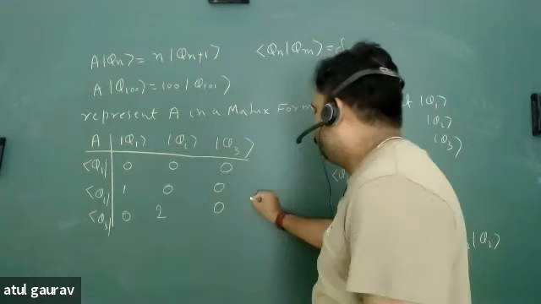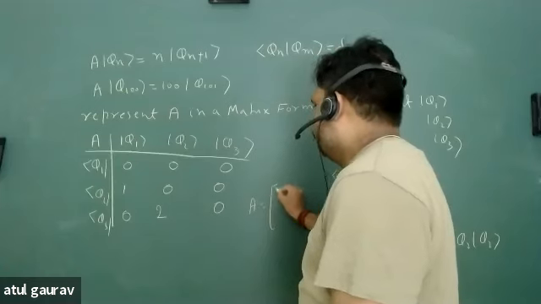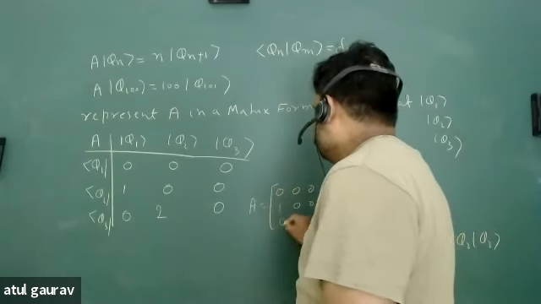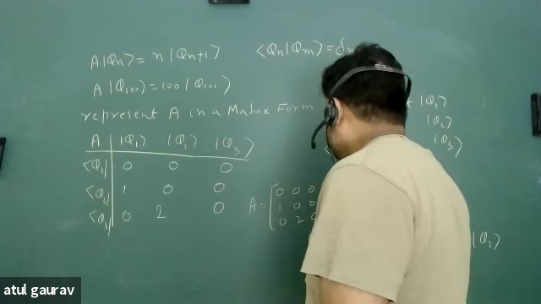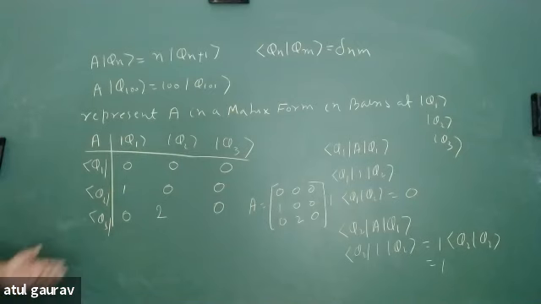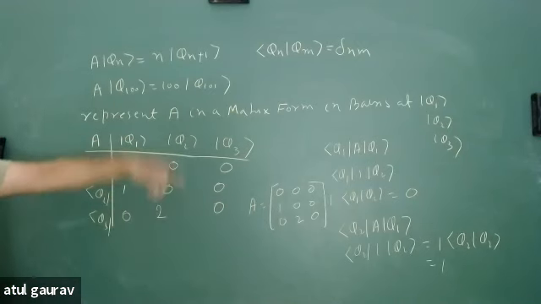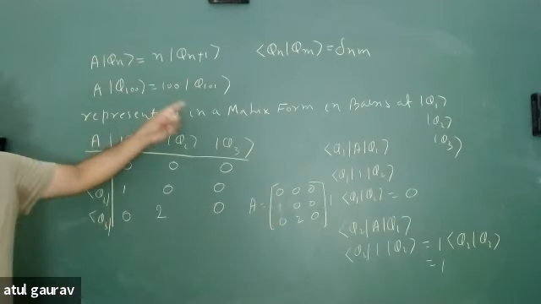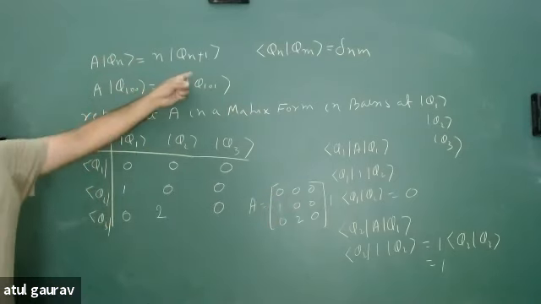So what is the A operator? The A operator is basically 0, 0, 0, 1, 0, 0, 0, 2, 0. This is all the operators, the equivalent operator in matrix form. And please, this is not an eigenvalue equation.